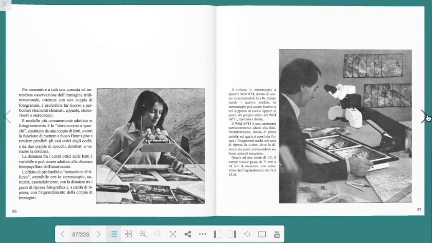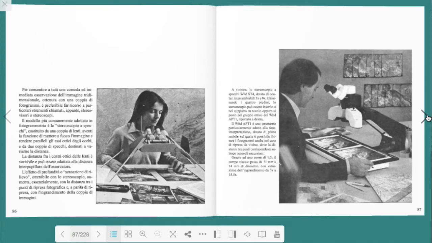The distance between the optical centers of the lenses is variable and can be adapted to the observer's interpupillary distance. The effect of depth or relief sensation obtainable with the stereoscope increases, essentially, with the distance between the photographic points and, for the same shooting, with the magnification of the pair of images.